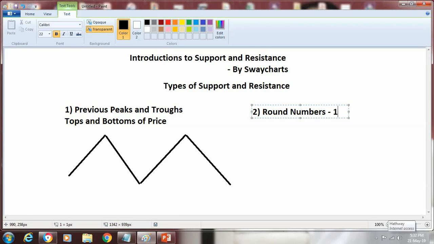That can be around, say, 10, 100, or before 100 I can just say 50, and so on. So all this becomes your major support and resistance. Whenever we see price approaching a round number, we might see it resist at that round number.